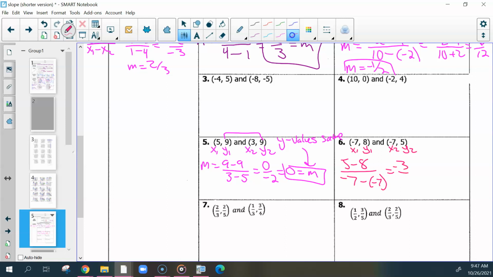Negative 7 minus a negative 7 would give you what? 0. Negative 3 over 0 would give you undefined. So just like number 5, if you get two ordered pairs and your x values are the same, you're going to get an undefined slope.